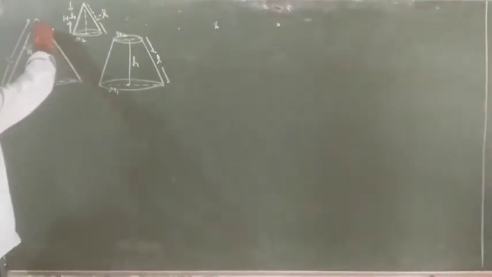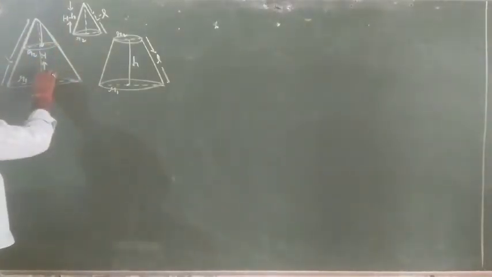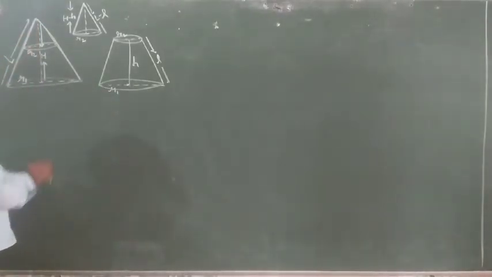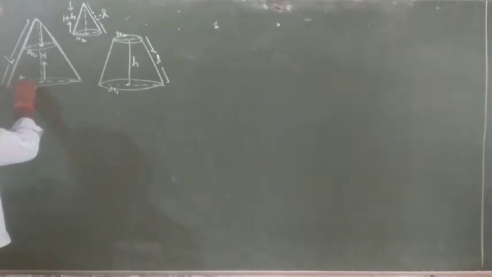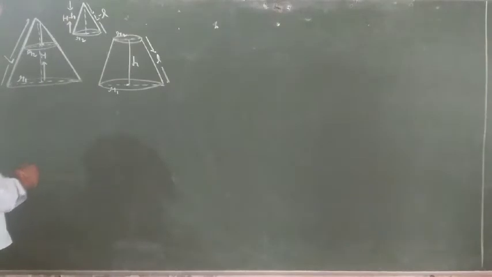There I have a cone, a big cone whose height is capital H, whose slant height is capital L, and radius of base R1. It is cut by a plane parallel to the base, and this portion has radius R2.